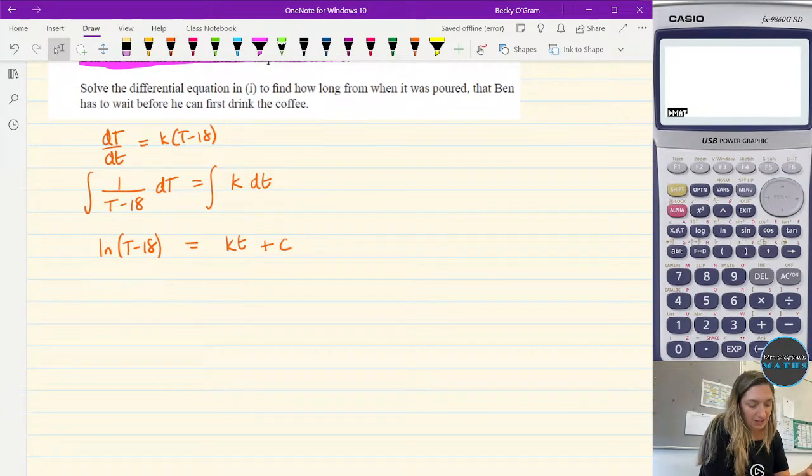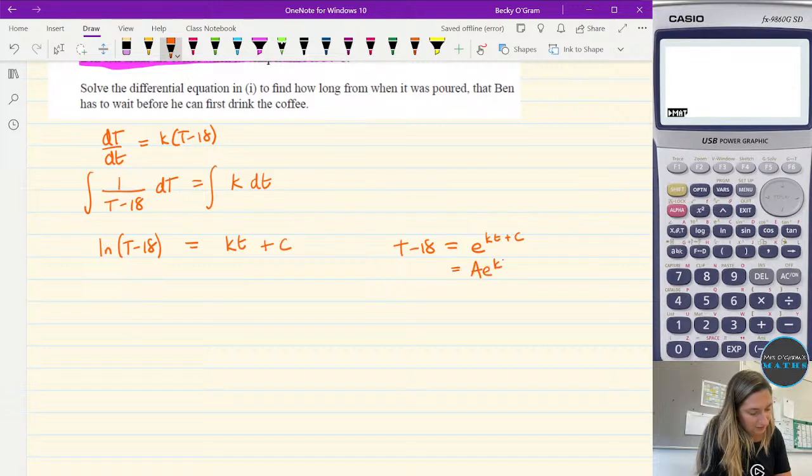So if I was to do each side raised to the power of them, then I would get, oh, I think I see where I made a mistake on the previous thing. I think I might have remembered this bit wrong. So that would be a e to the kt plus c, a e to the kt. Okay, let's go with doing it in log form.